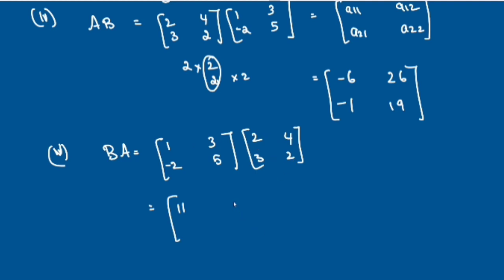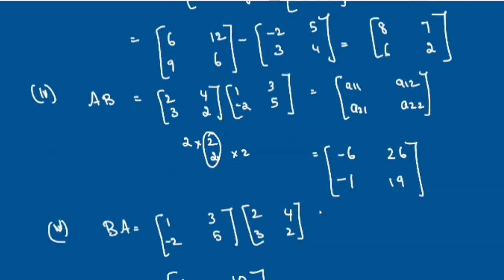So it is 10. Then second row, first column. So minus 4 plus 15. That is equal to 11. Second row, second column. Minus 8 plus 10. So it is 2. So AB, you can see here AB and BA are not equal. AB is not equal to BA.